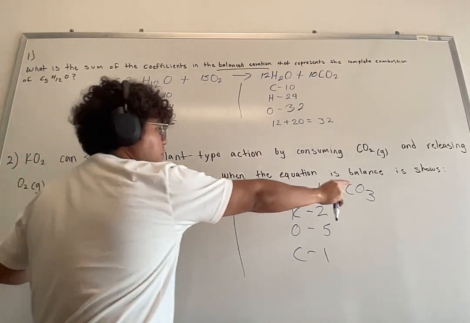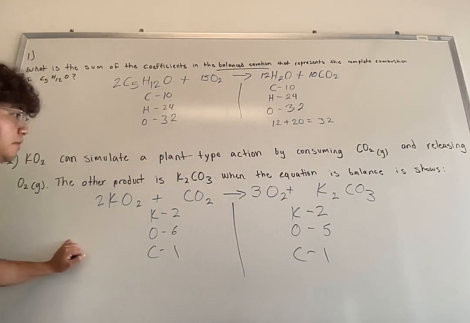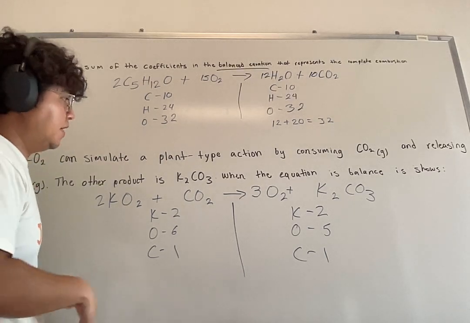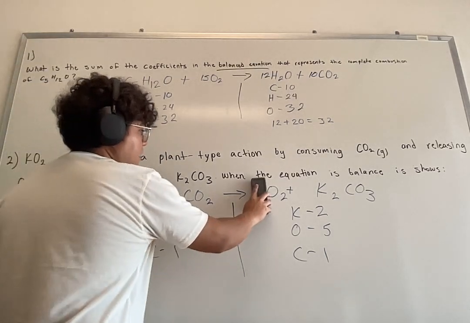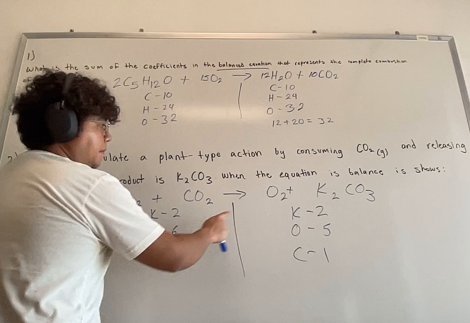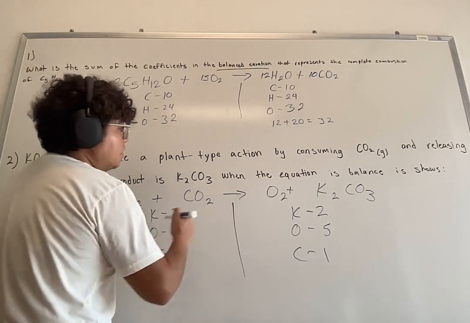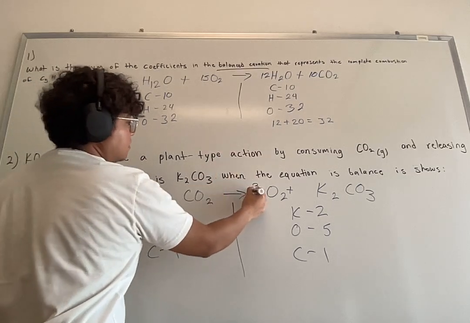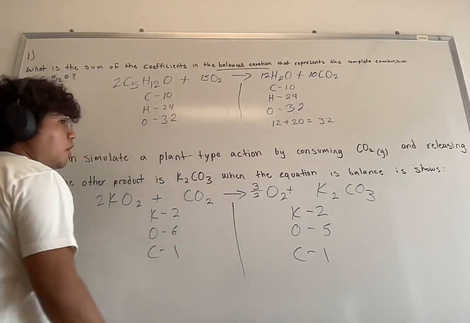Because 3 plus 3 gives me 6. But oxygen is diatomic, so I can't just put a 3. I have to put, remember, always oxygen 3 over 2. Just like we did here, 15 over 2. 3 over 2 for oxygen.